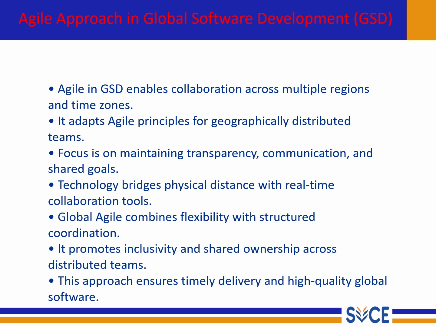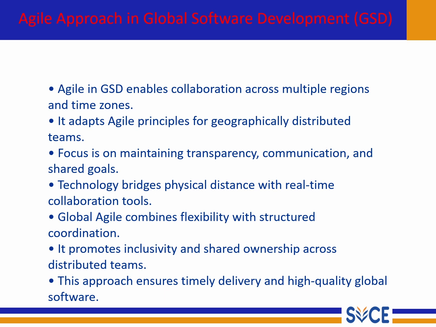To bridge the geographical distance, Agile teams use collaboration tools like Jira, Slack, Zoom, and Trello, which allow real-time interaction just like working in the same office. Even though Agile is flexible, it still follows a structured way of planning and reviewing to keep the project on track.